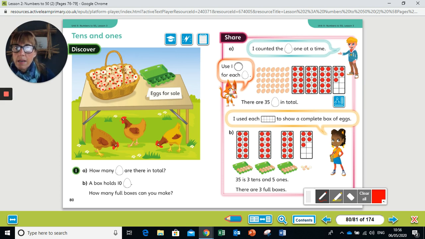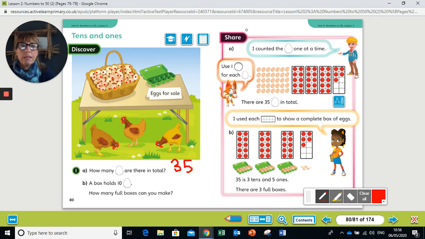Oh, and there's a sneaky one there. 35. Let me write that number down so we don't forget it. 35. So our number sentence is there are 35 eggs in total.